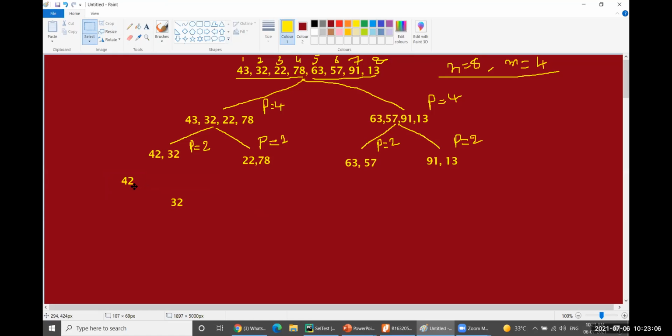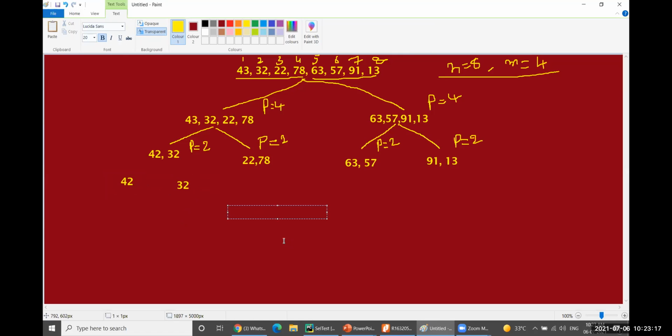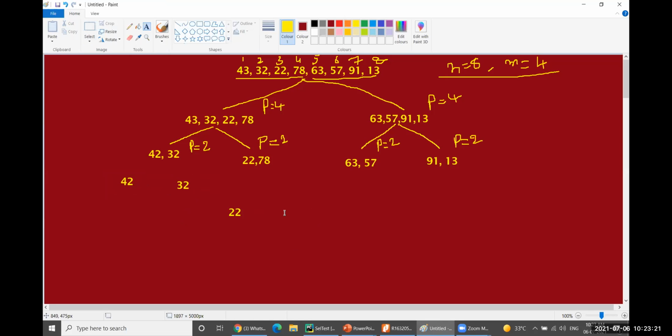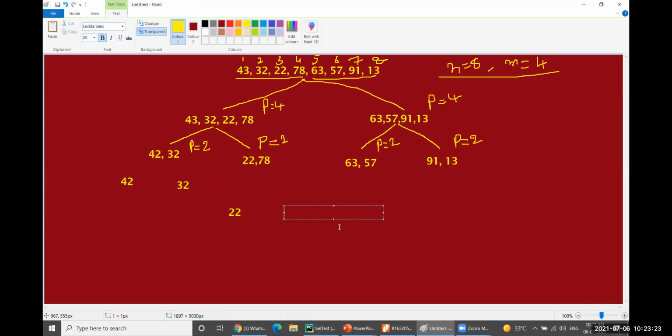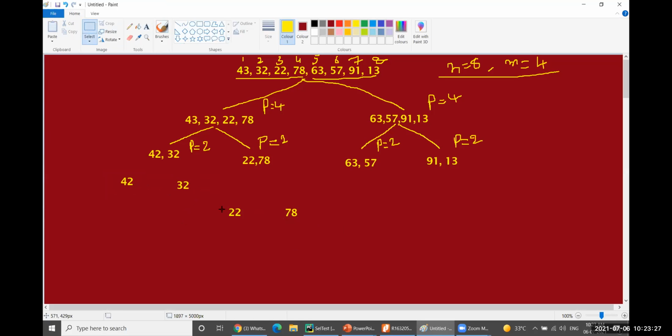This particular sublist is going to be divided something like this. Next, 22 is one sublist in the second sublist of elements, and the second one is 78. 78 is one more sublist. This is one particular sublist for this one, and here also one more.